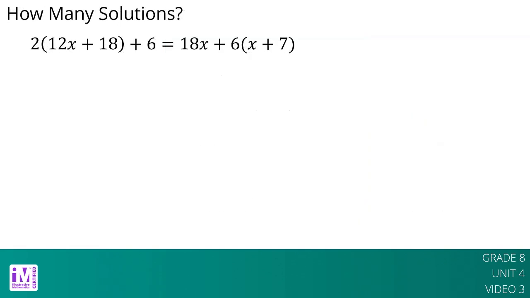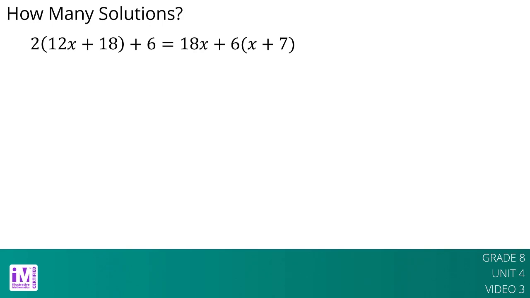Sometimes it's possible to look at the structure of an equation and tell if it has infinitely many solutions or no solutions. For example, look at 2(12x + 18) + 6 = 18x + 6(x + 7).